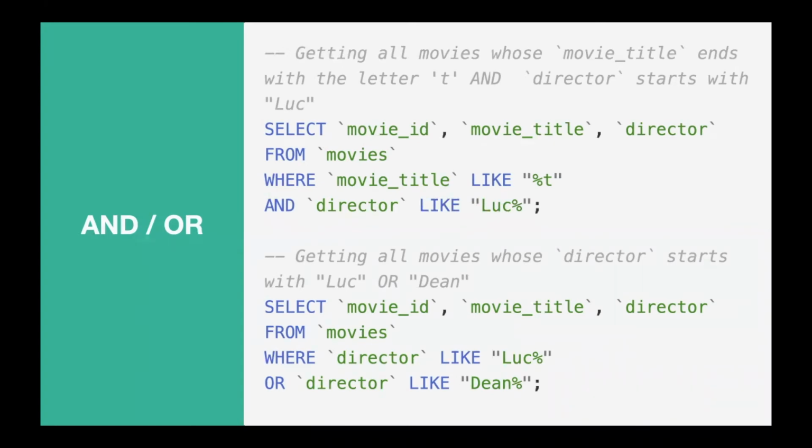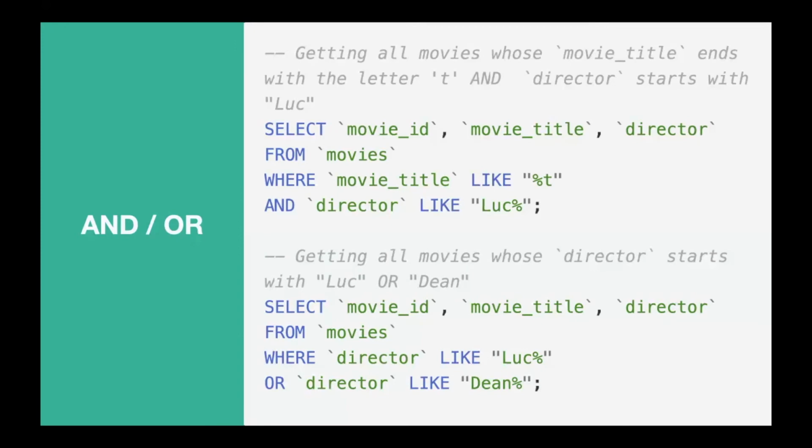This one is AND, so both of these conditions must be true. In the next example, we're looking for where director LIKE Luke or director LIKE Dean. So starts with Luke, starts with Dean. In this case, if either one of these is true, then the record will be returned. Does everyone see how that works?